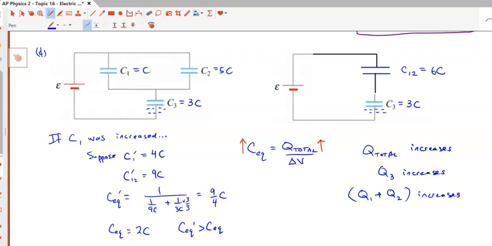But we know that the sum of Q1 and Q2 has to increase because, remember, Q1 plus Q2, which is equivalent to Q12, is equal to Q3. And if the charge of 3 goes up, then 1 and 2 technically go up together. But we don't know who goes up more.